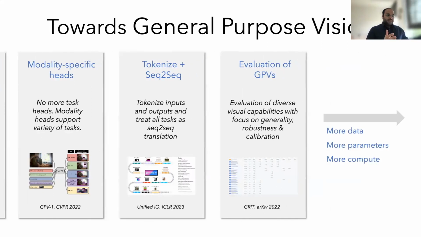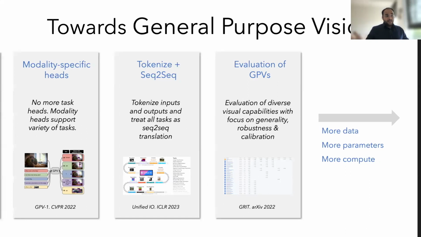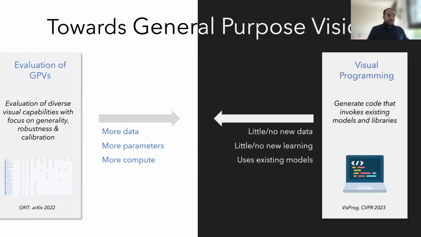So this was the path that we were taking for a long time. And clearly this path leads to more data and more compute and more parameters, basically the same route that LLMs have gone over the past 5 years. But we found ourselves questioning if there's a better way of doing it, a way that requires little to no new data, little to no new learning, and something that can use existing models.